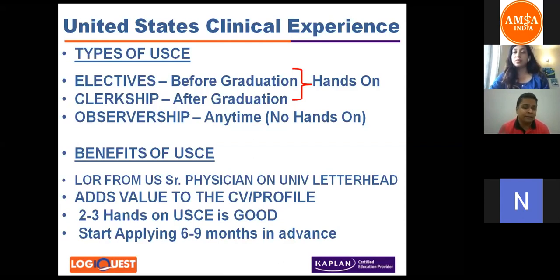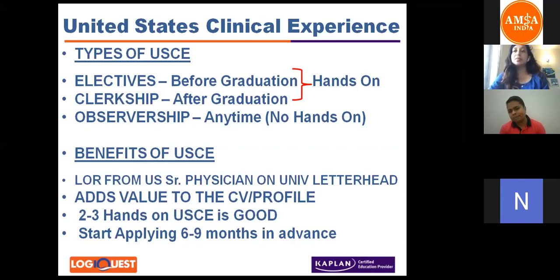Since it's 6 to 9 months before the intended date, I told you some time back that during your internship time, CK and CS are the best exams that you can deal with. Now for CK, eventually if you're planning to go to the US, then apply for the same electives about 6 to 9 months in advance, which is about your final year. So parallelly, that is one of the things that you will have to start focusing on when it comes to electives or hands-on clinical experience.